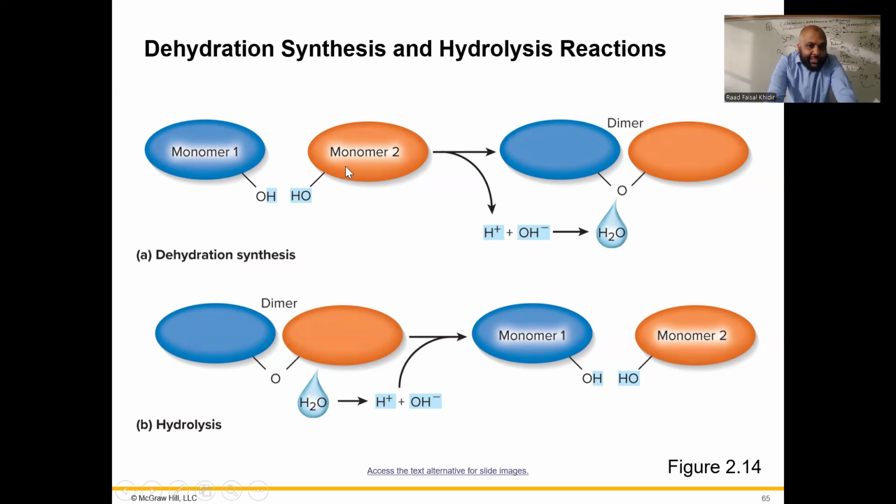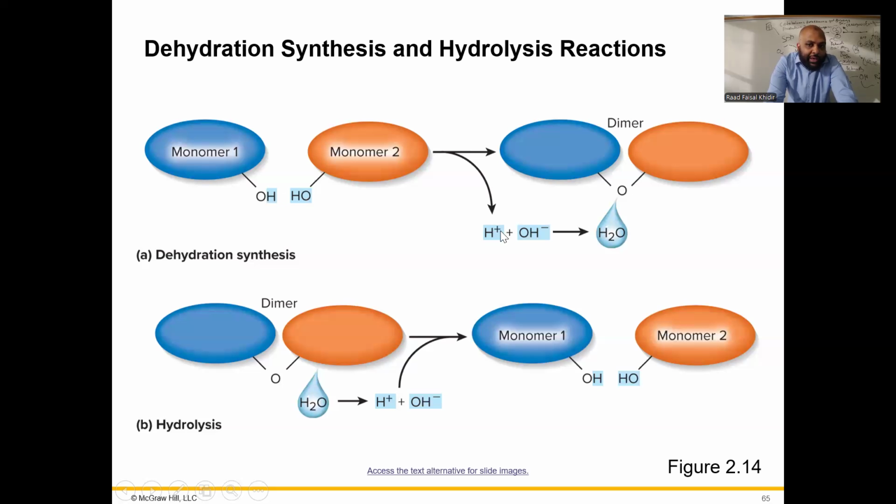Look at what happened in dehydration. So that's H2O. That looks like water. So one side will donate the OH while the other side will donate the H. And then water will be taken out. And then both of them will be connected like a dimer. You see the dimer? So water has been removed because one H from here, OH from here, OH plus H, that's H2O.